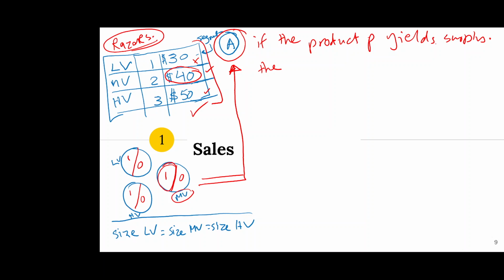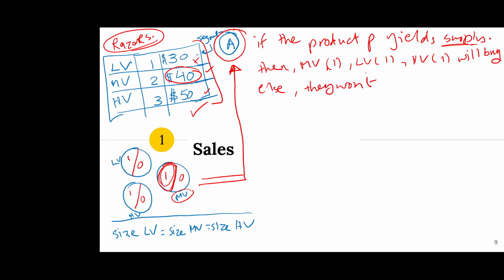They will buy only if there's a surplus. If there is no surplus, even though they are ready to buy, they will not buy. So if the product price yields a surplus, then these guys, for example, the MV coded as 1 and the LV coded as 1 and the high value coded as 1 will buy. Else, they won't.